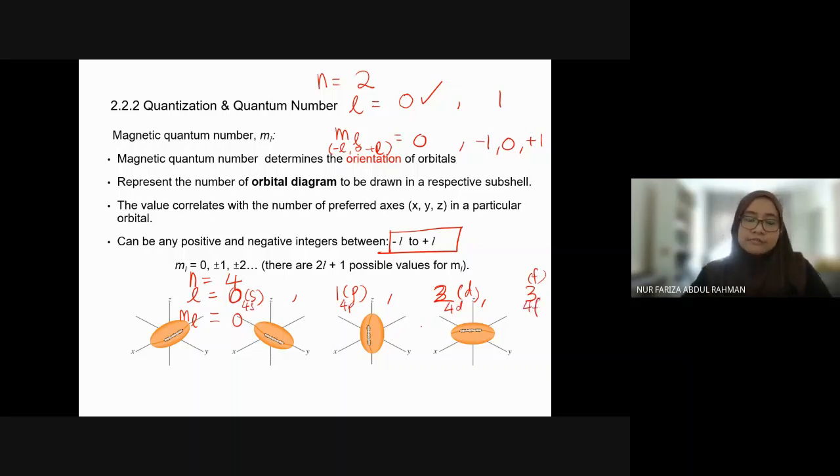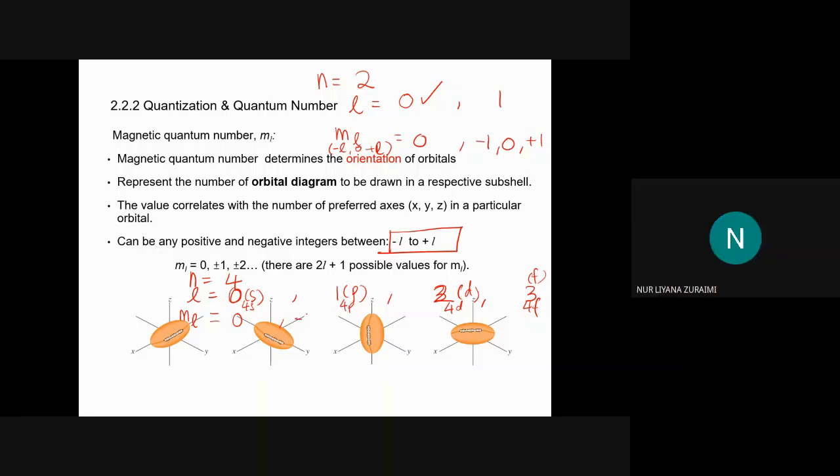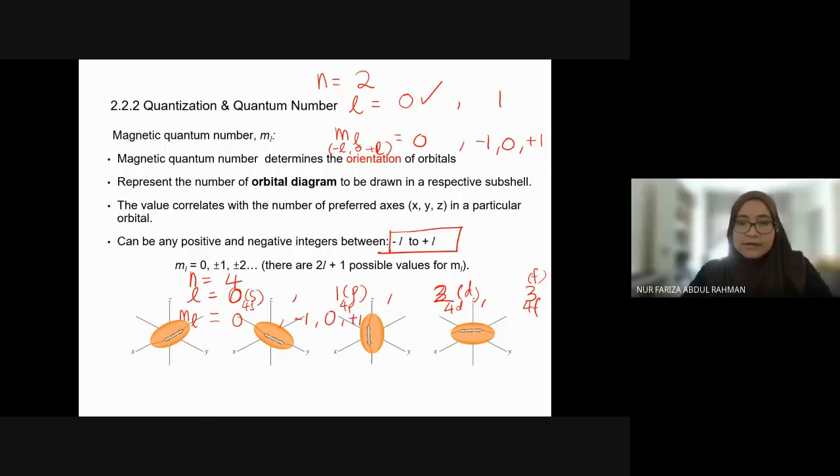This is what we call subshell notation. So for ML, for L is equal to 1, it will be negative 1, 0, and positive 1. Yes. So this is for P orbital. How about D orbital or L is equal to 2?